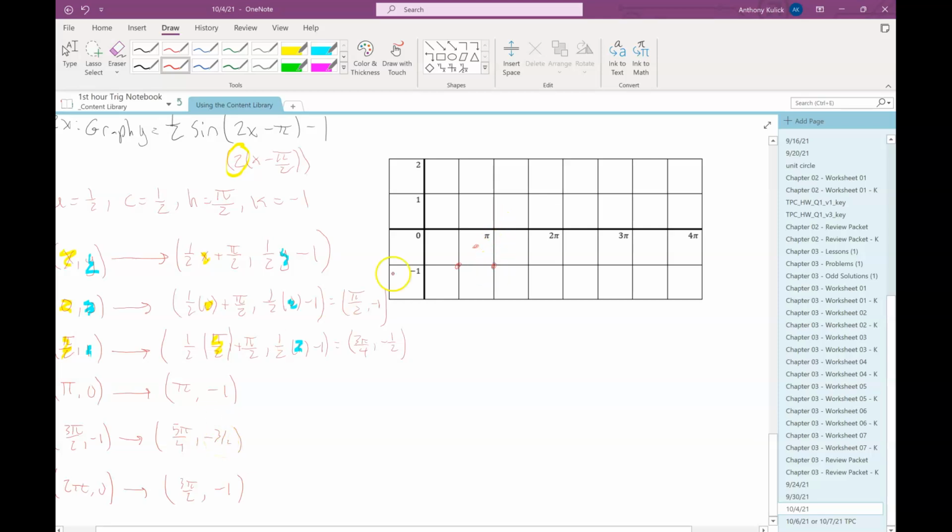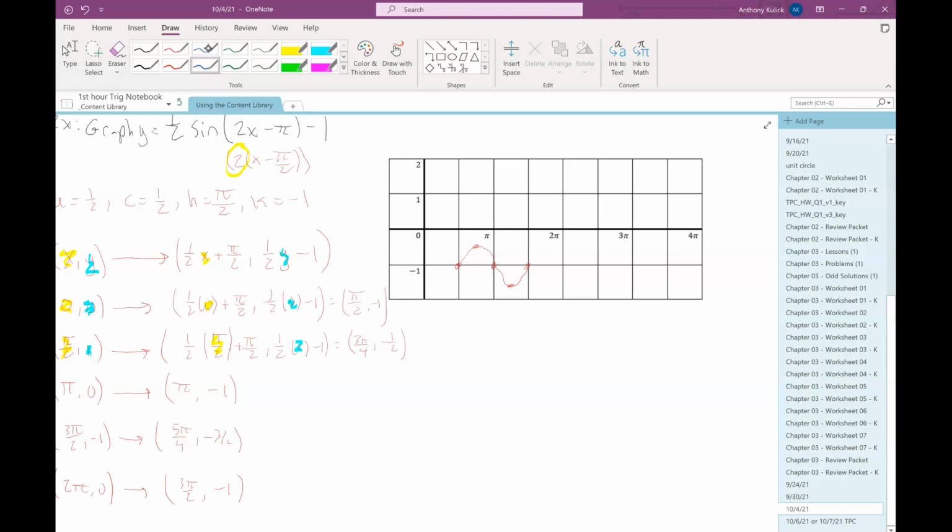And then 5 pi over 4 is 1 1/4, and then negative 3 over 2. And then 3 pi over 2, which is here, and then negative 1. Everybody's okay with that? So this is like my little up-down. That's my one period that I'm graphing, by finding the points anyways.